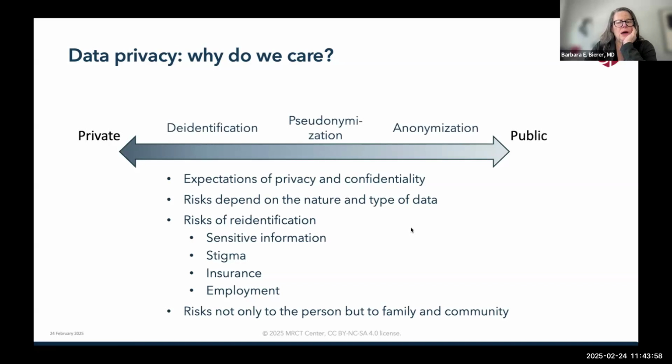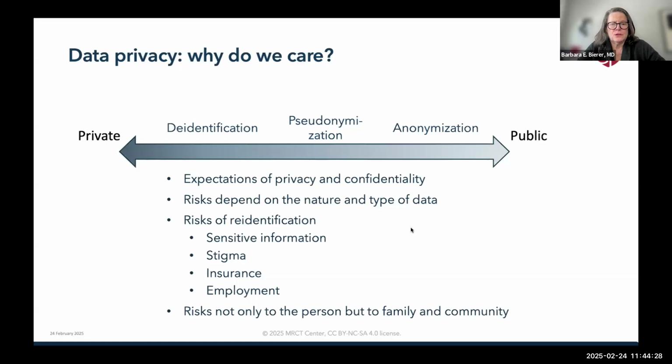So on this, if there is public information, we try to keep it anonymized. And that gives a greater sense of security that you will not be re-identified. If it's pseudonymized, that is generally considered identifiable in the EU.